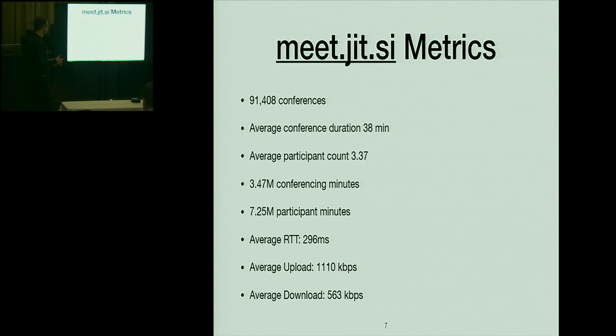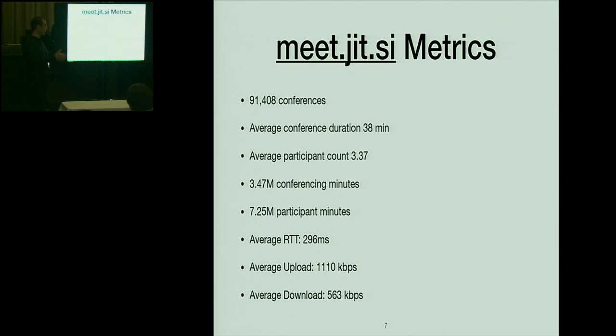The average RTT is a little bit below 300 milliseconds, and the average upload is around 1.1 megabit, and the average download bitrate is 500 kilobits. Now, this is highly asymmetric, and this is explained by the use of simulcast. So if a participant is streaming 1.1 megabits per second and simulcast is activated, at that specific threshold you're going to have two streams being streamed, one 180p stream and one 360p stream.